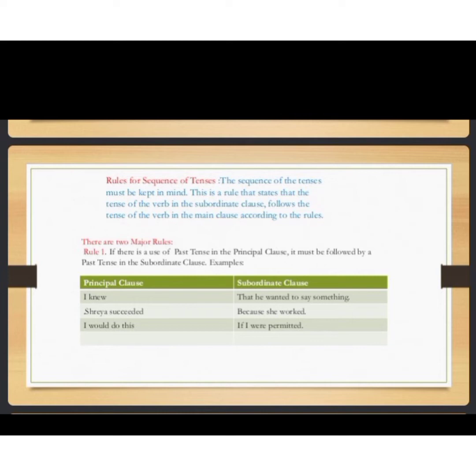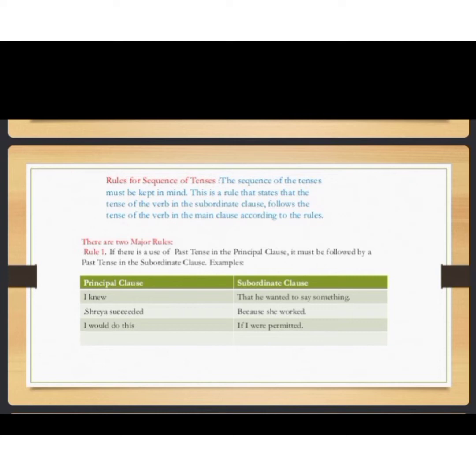So here I have shown three examples. Here you can see the principal clause is "I knew", and the subordinate clause is "that he wanted to say something". So "I knew" is in past tense, and the subordinate clause is also in past tense. Okay, "Shreya succeeded because she worked."